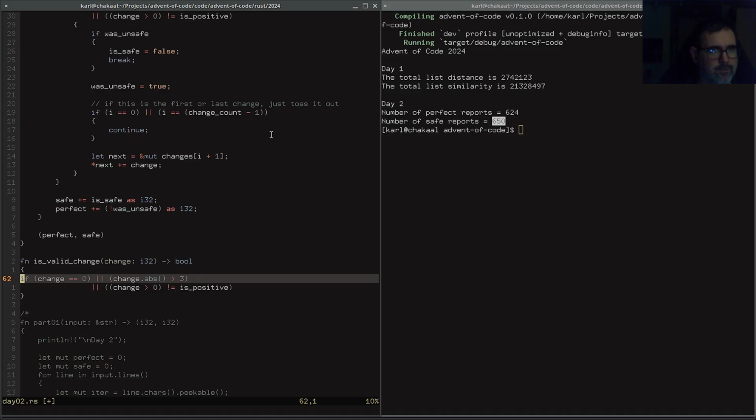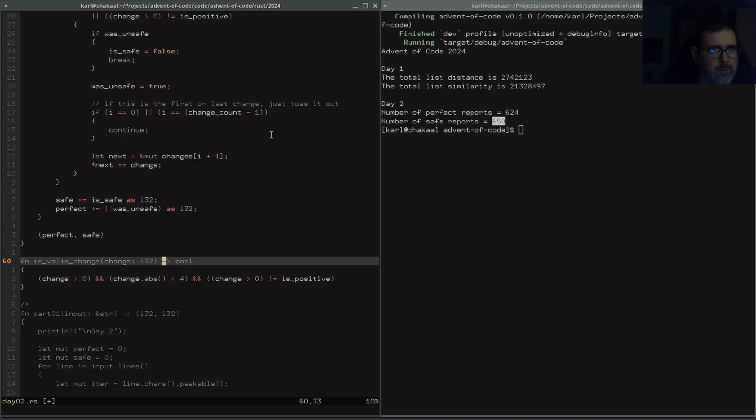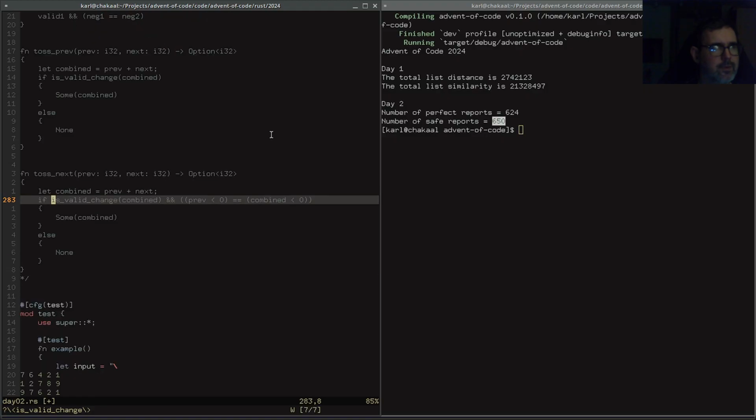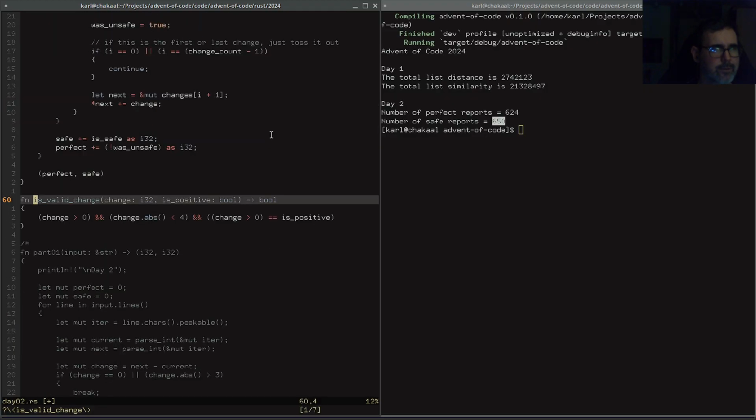So if the change is greater than 0, less than 4... apparently I defined a very similar function elsewhere.